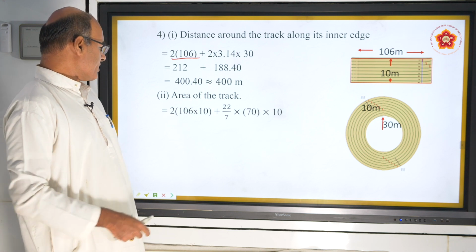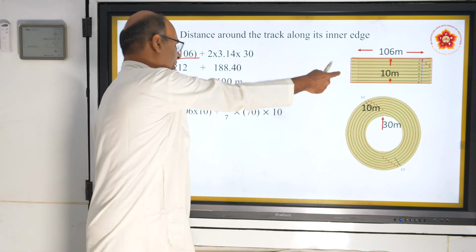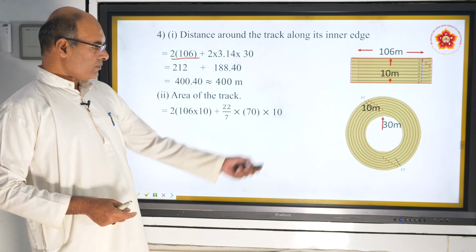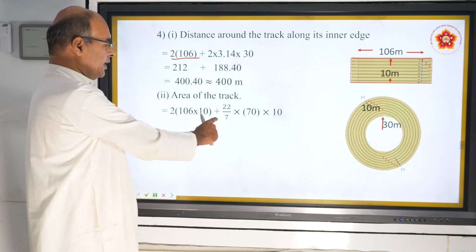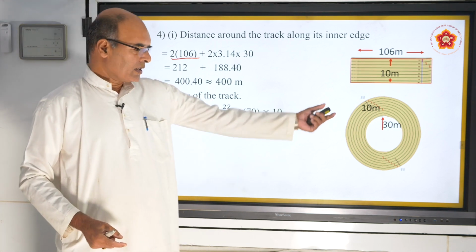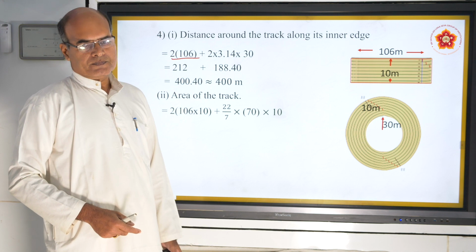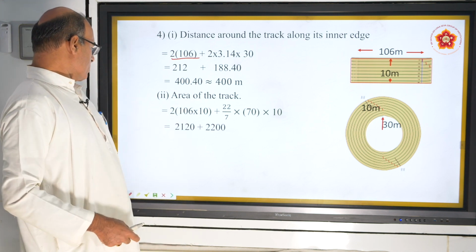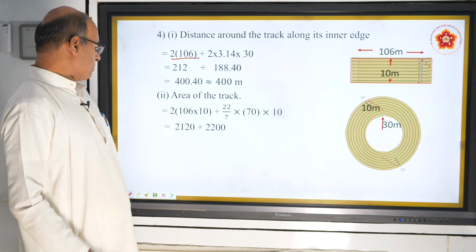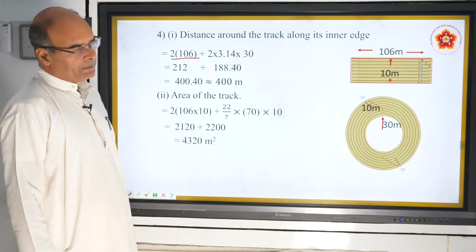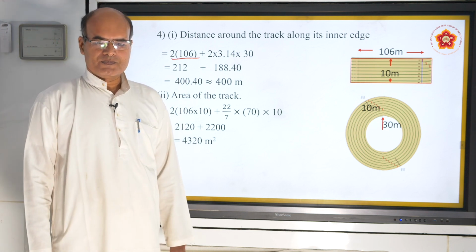The area of a rectangle is L into B. We have two such rectangles, therefore 2 into L into B. And the area of the band is pi into R1 plus R2 into R1 minus R2, where R1 minus R2 is the bandwidth. So it gives 2120 plus 2200, that is 4320 meters square.